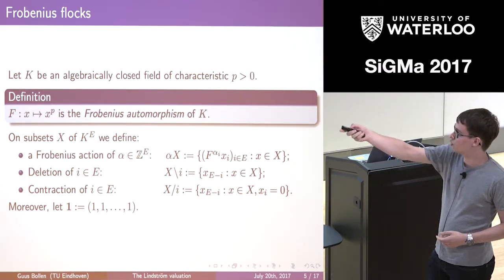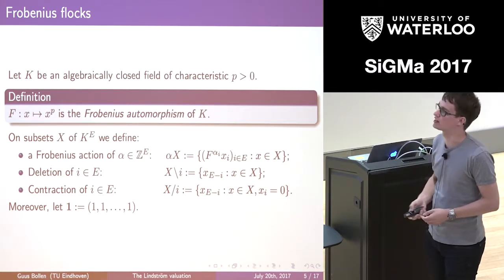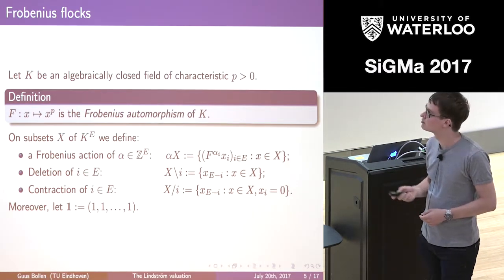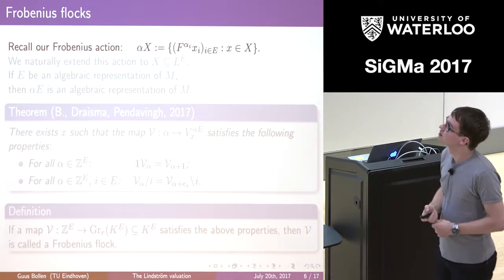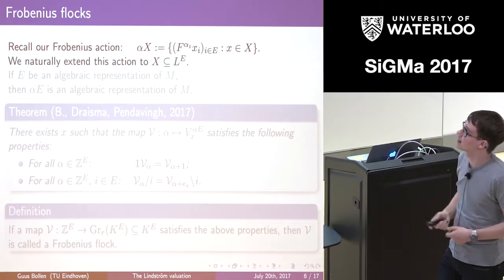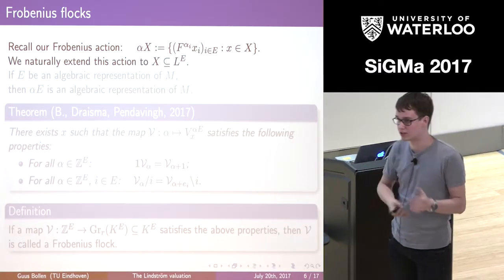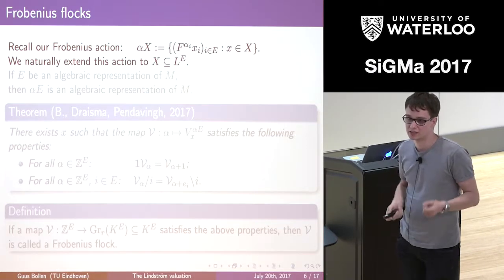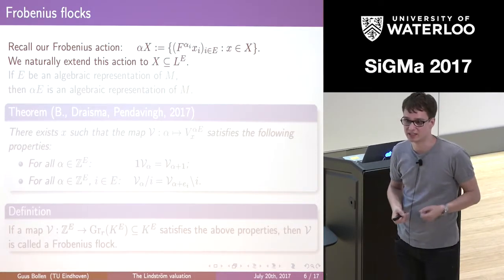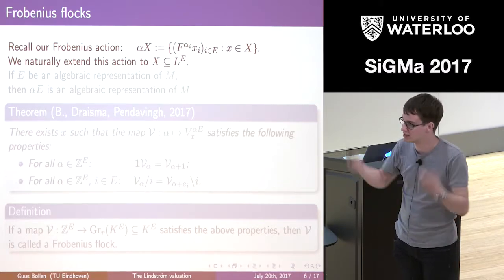And by bold face 1, I denote the all 1 vector. So we have this Frobenius action, and we can also apply it to our extension field. I mean, we had these extra a and b. We can also take a to the power p and b to the power p.